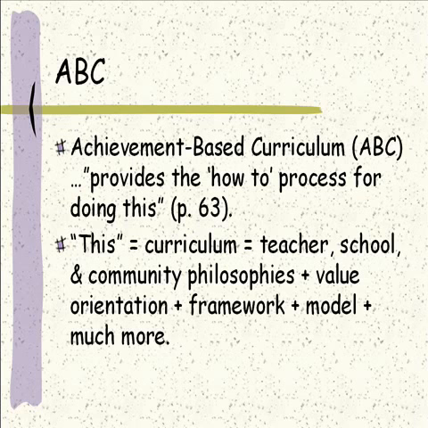And the this on that page 63 means curriculum. And curriculum means teacher, school, and community philosophies plus the value orientation that each one of those individuals or groups have, plus any kind of state, federal, district framework, plus whatever model that you're going to use, plus much, much more, which we're going to talk about.